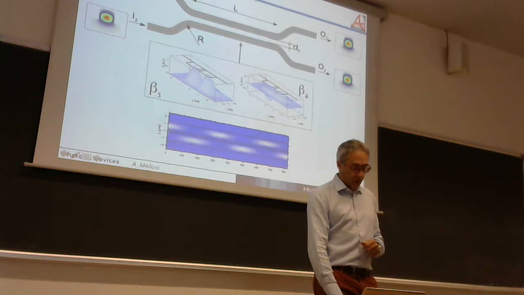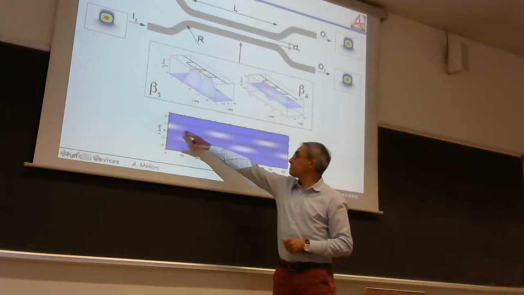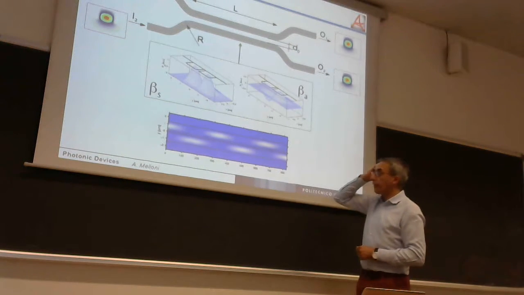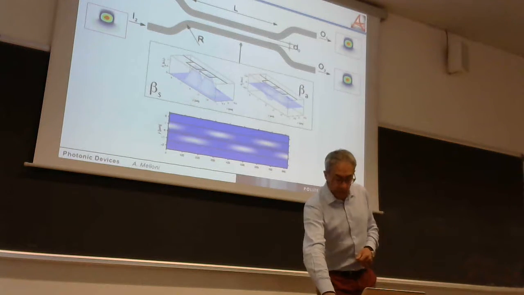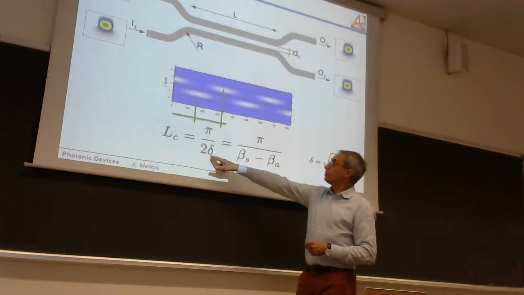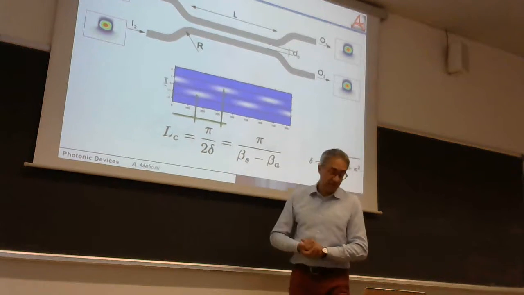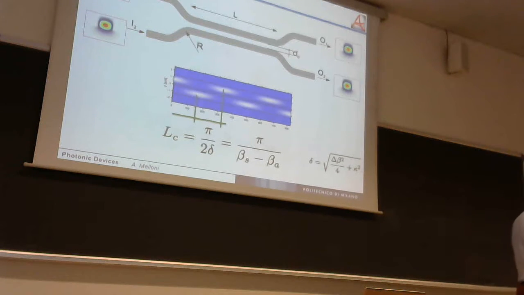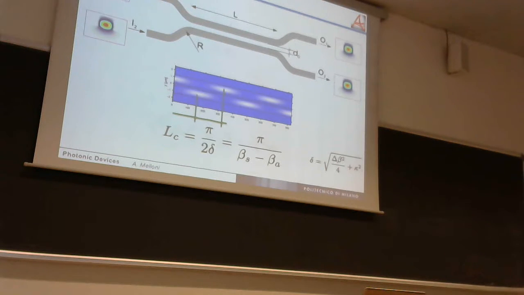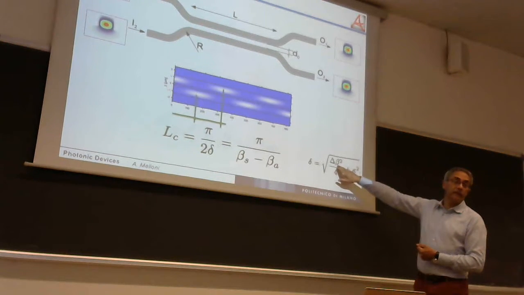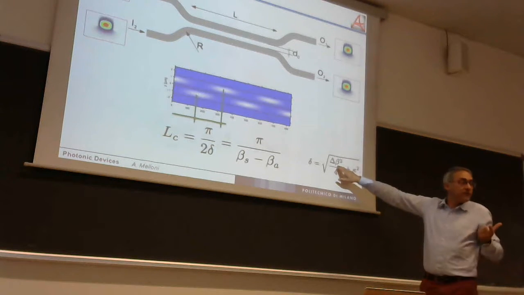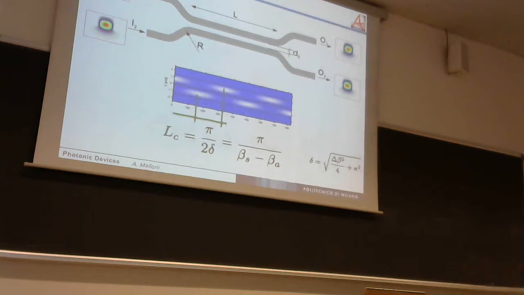So if you enter from one waveguide, you have a field pattern like this. It seems that the power bounces up and down between the two coupled waveguides, and the periodicity of the exchange of power is related to the coupling coefficient, and more in general, in case the two waveguides are different, also to the phase difference, the phase mismatch between the two waveguides.